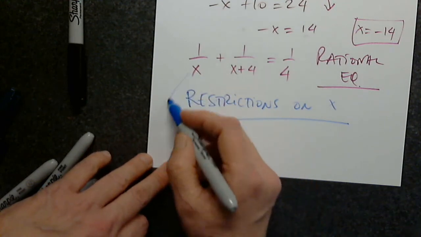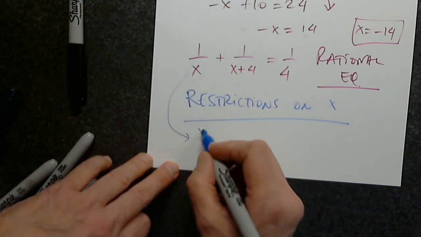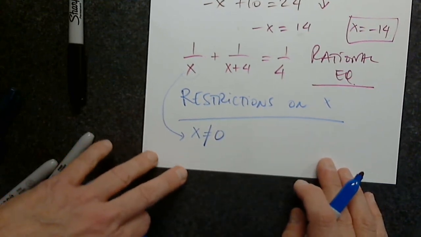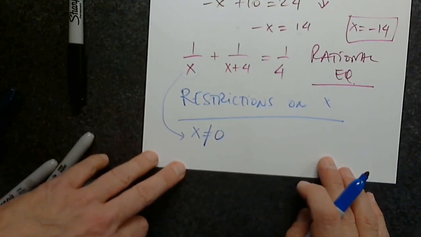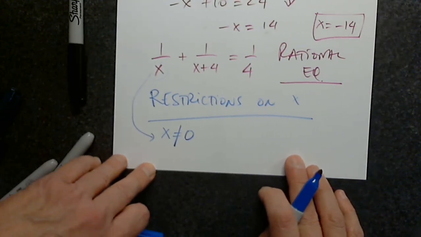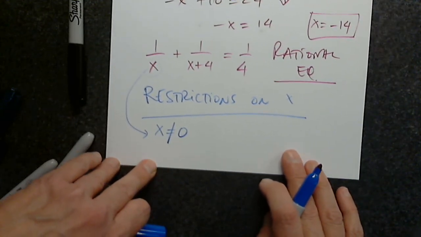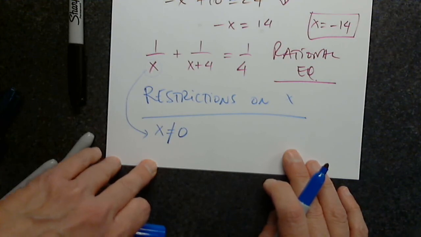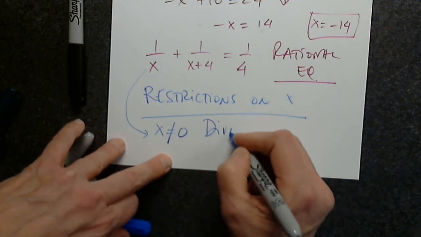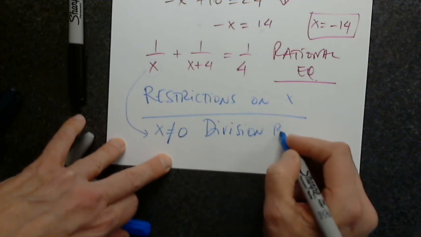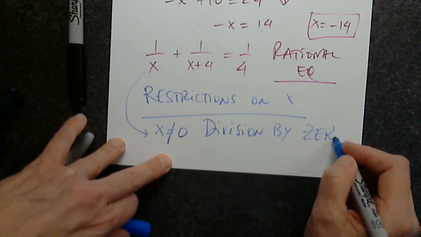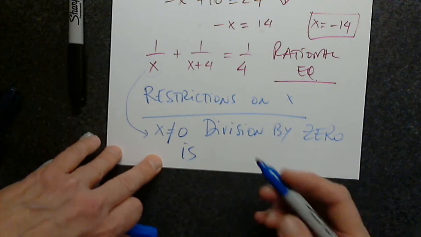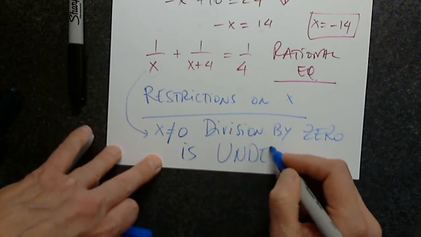Why? I claim that this value in the denominator, the variable x, cannot be 0. Would you agree? And why would you agree? Or if you disagree, why do you disagree? Exactly. Division by 0 is called, and we like to use a fancy word, undefined.